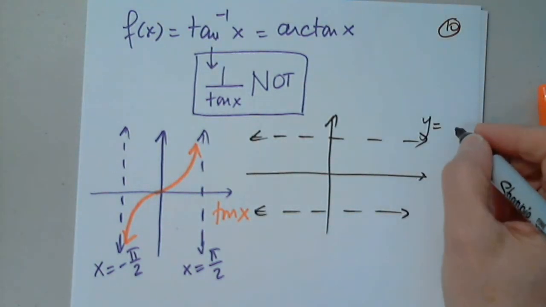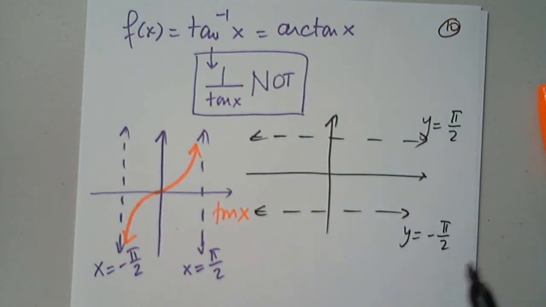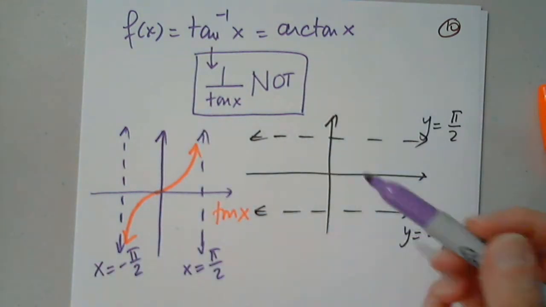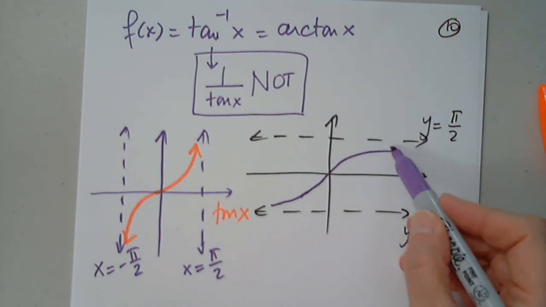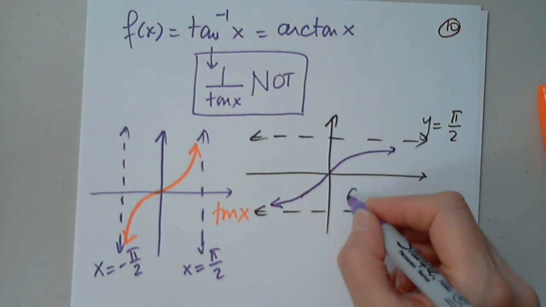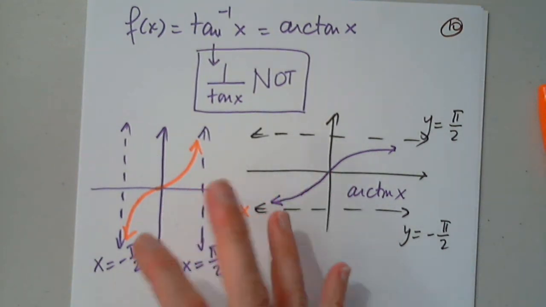So y equals pi over 2 and y equals negative pi over 2. And the graph has to be symmetric. Here's the graph. So this is the graph of arctangent x. Please remember these two graphs. These are inverses of each other.